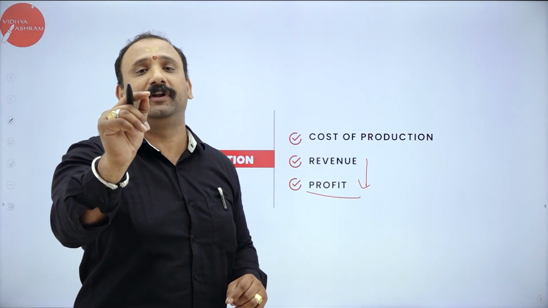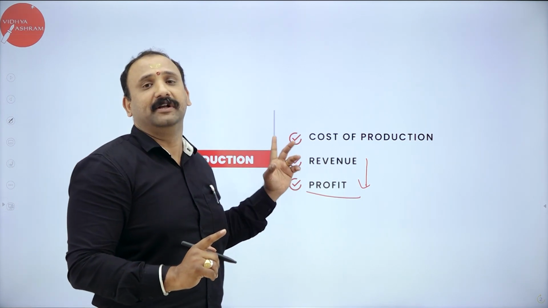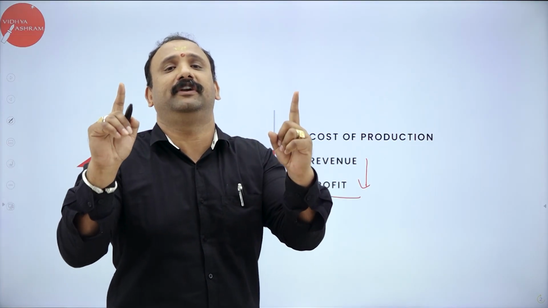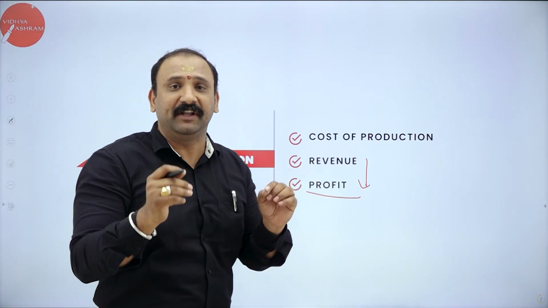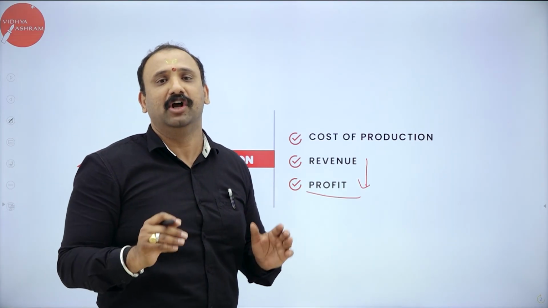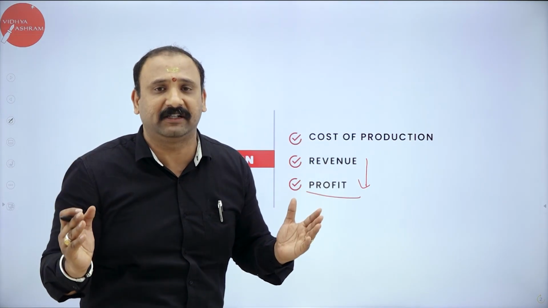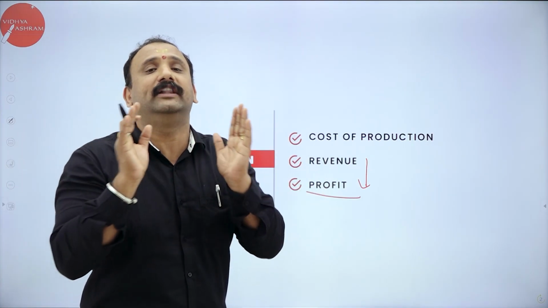The answer is in one simple word, and that word is profit. We start an industry or we do a business for profit purposes. So how do we arrive at this profit? Revenue minus expenditure. All the expenditure, it includes your variable factors, it includes all your infrastructural costs, all the expenditure.